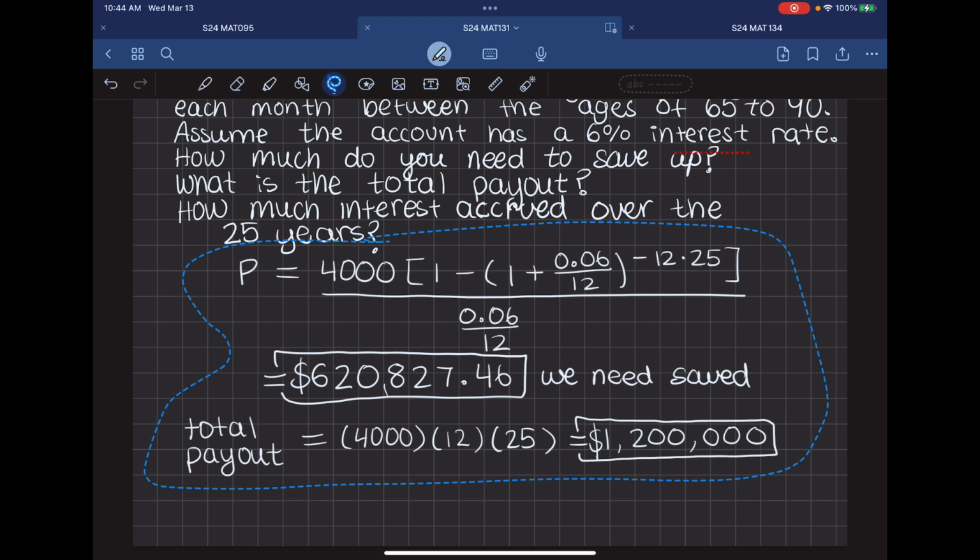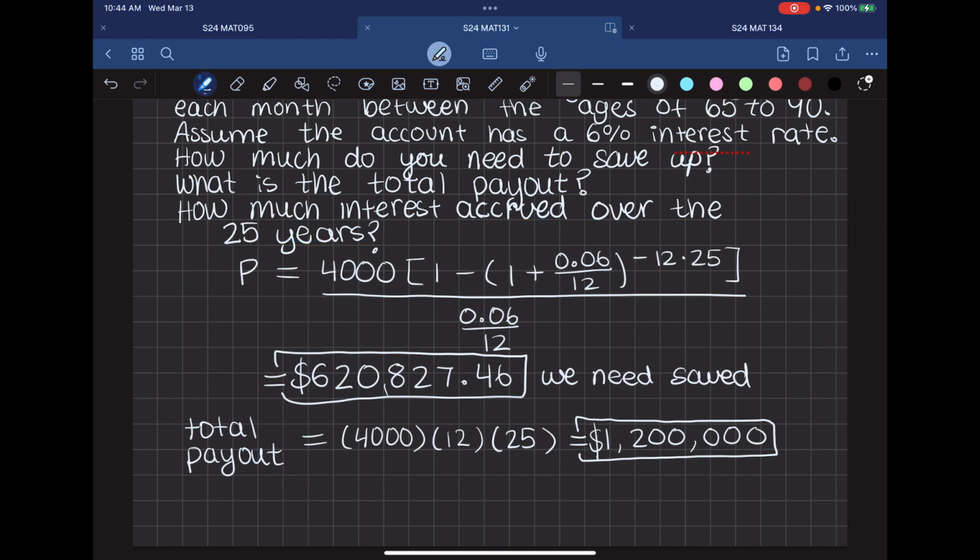And then from this, I'm going to kind of squeeze this in here. So let me move this up just a little bit. The interest that we earned on the account is just going to be whatever the total payout is, subtract the original amount that we had saved up.